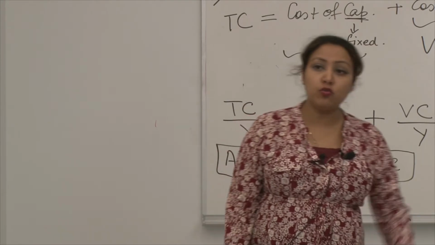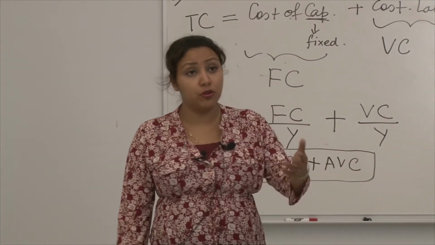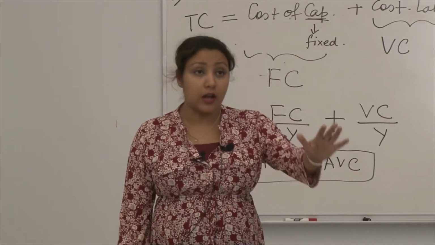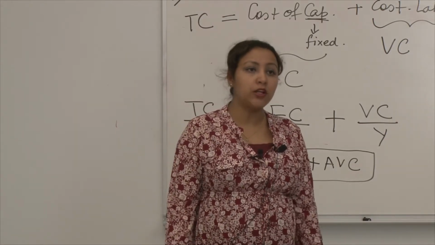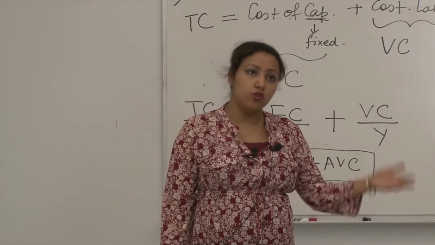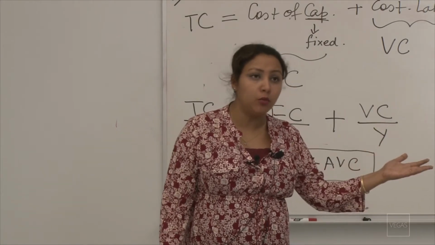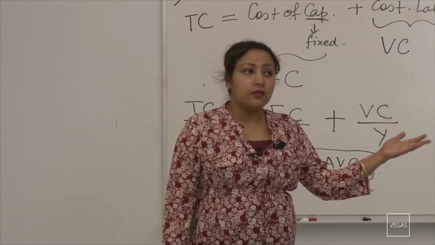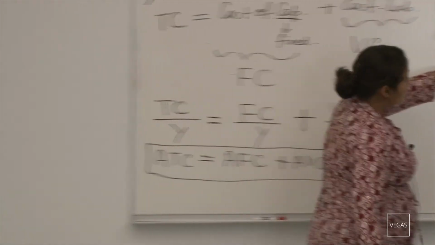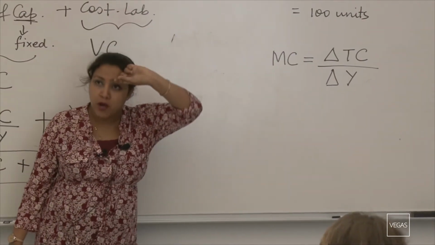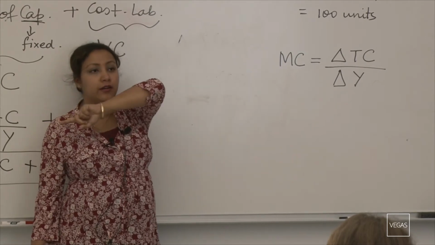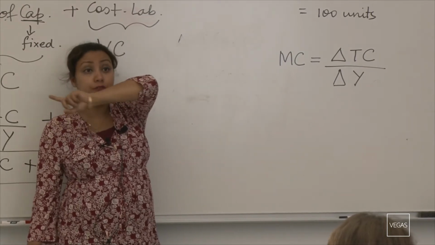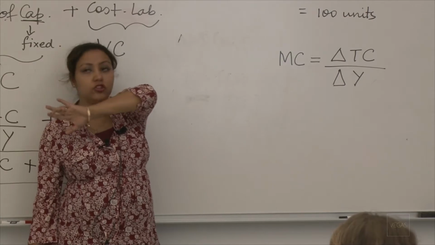Tomorrow, if I produce 1 extra shirt, 101 shirts, then obviously I will need more money because I am producing extra. So my total cost will definitely be more, but that is not what is captured here. What is captured here is by how much that total cost would change due to the production of that 101st shirt, that extra shirt.